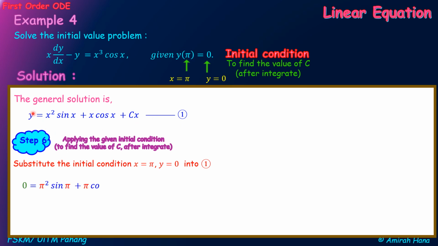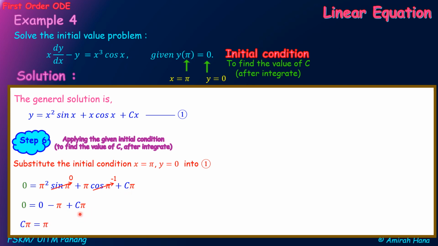So now we have y(0) equals pi squared, we replace pi into variable x, and then sin pi plus pi cos pi plus c pi. Alright? Sin pi equals 0 and cos pi equals negative 1. So after we simplify, we get 0 equals pi squared times 0 equals 0, pi times negative 1 equals negative pi, and then plus c pi.